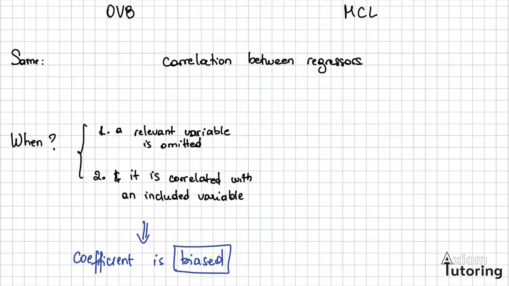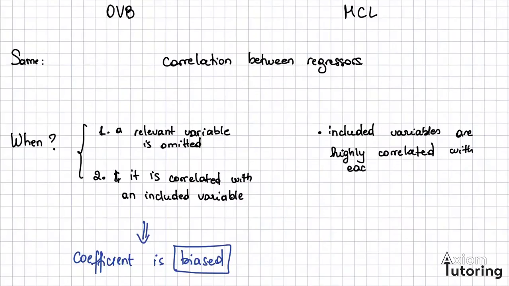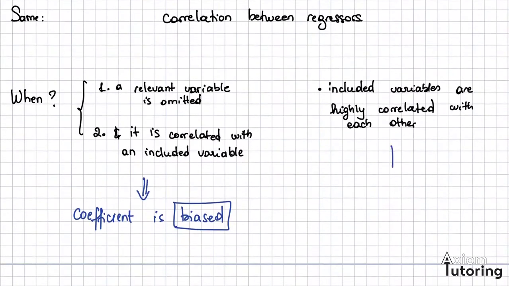What about multicollinearity? Multicollinearity happens when included variables are highly correlated with each other. The consequence is that the coefficient is imprecise.